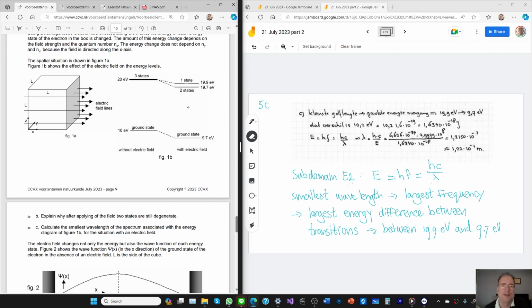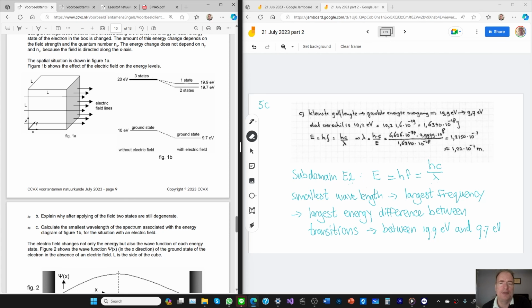So let's look at all these transitions. You can go from the ground state to this first excited degenerate state, but obviously the bigger difference is if you go to the state with Nx equal to 2. That's the biggest step you can make.